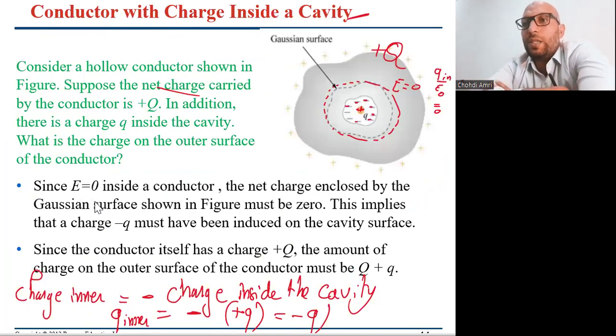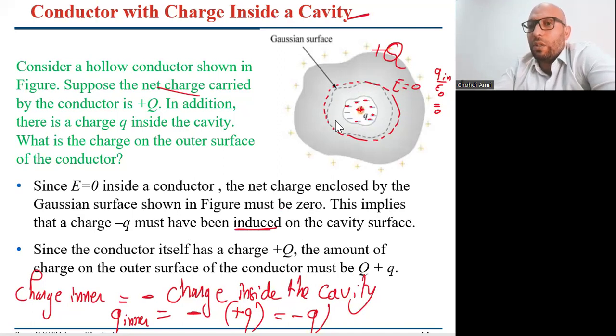Since the electric field inside the conductor is zero, the net charge enclosed by the Gaussian surface shown in the figure must be zero. Q inside must be zero. This implies that the charge minus q must have been induced on the inner cavity surface of the conductor.